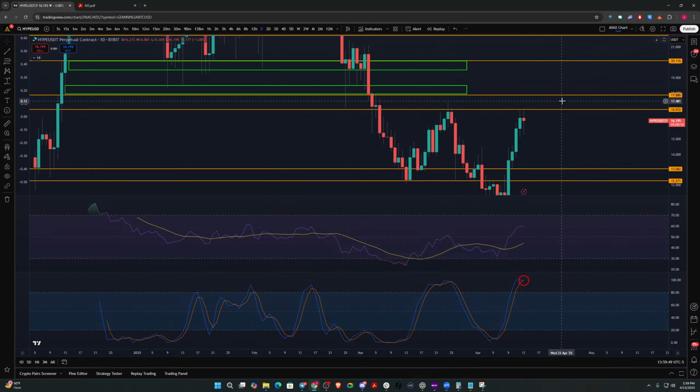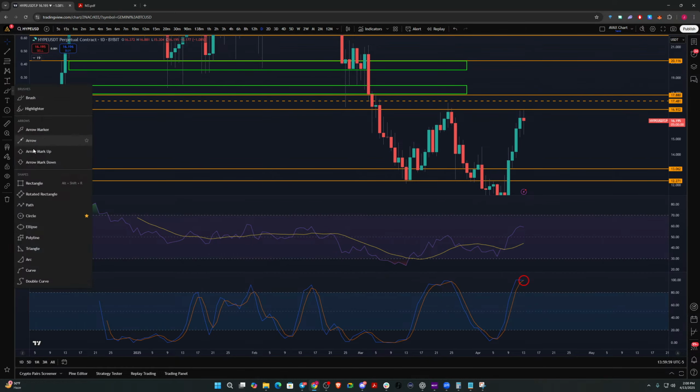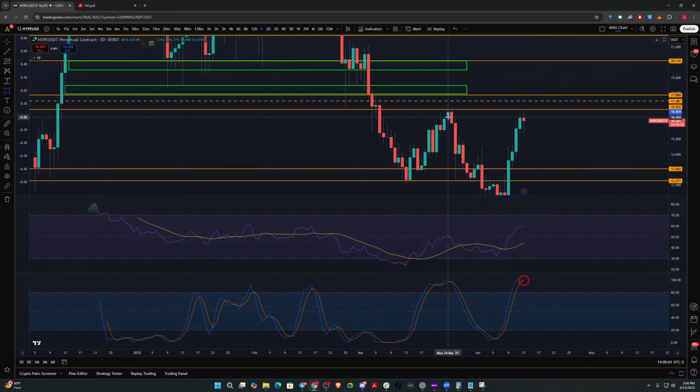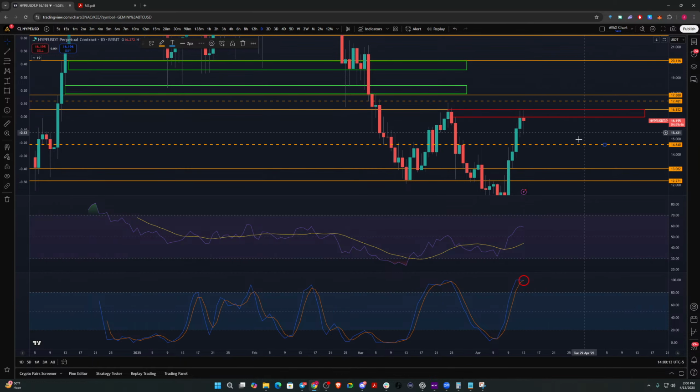Again, if this doesn't play out, don't blame me, but stop loss around 1750, entry from now to 1690, and then take profit target 1470 and $13. So that would be my trade.